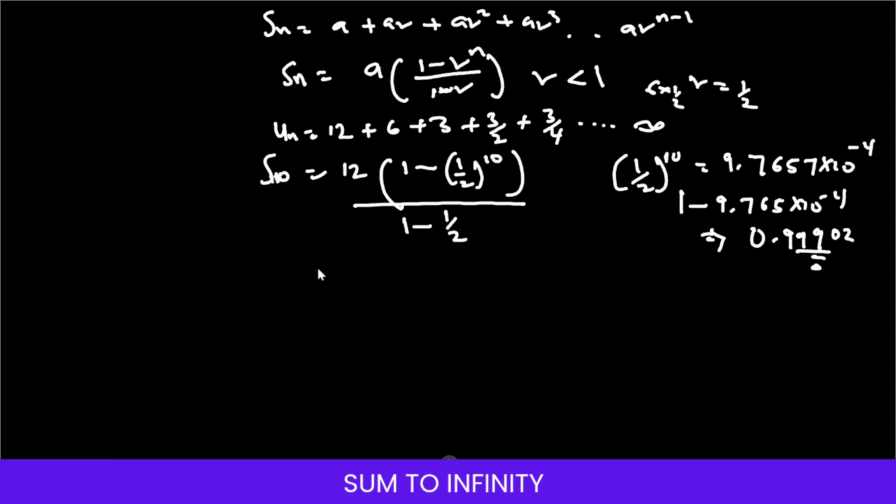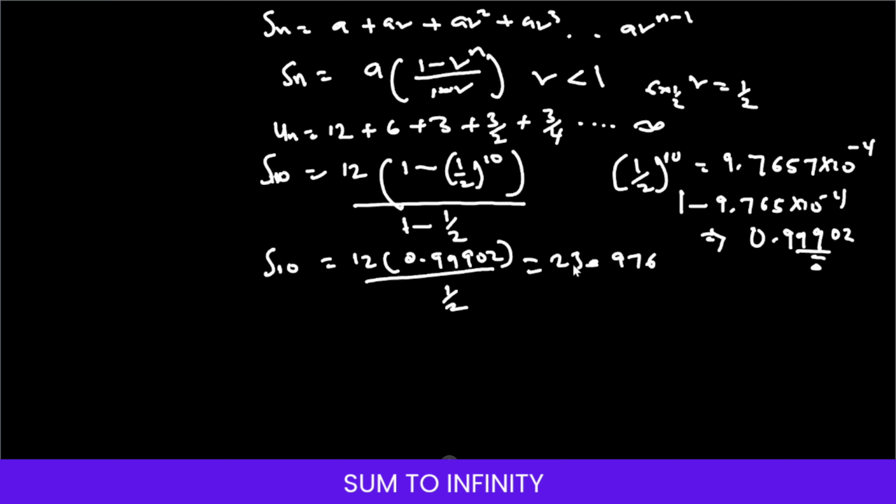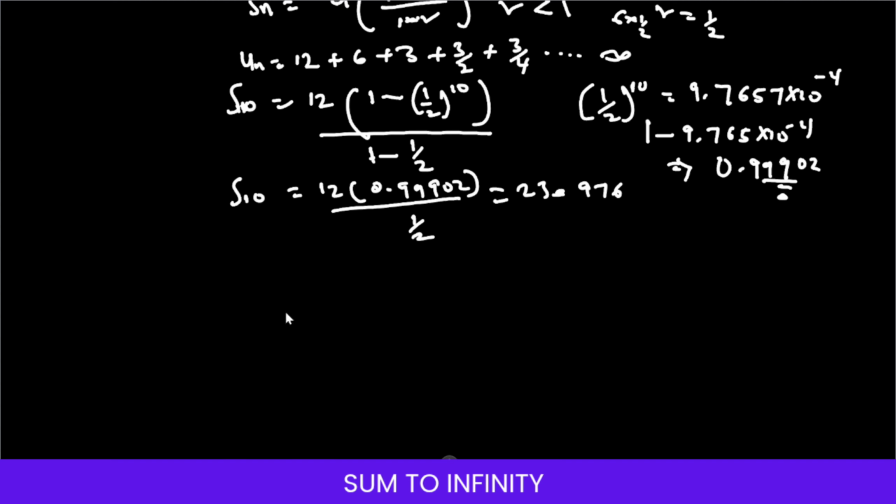So the sum to the 10th term is given by 12 multiplied by 0.99902, divided by half, and that will give us a total value of 23.976.